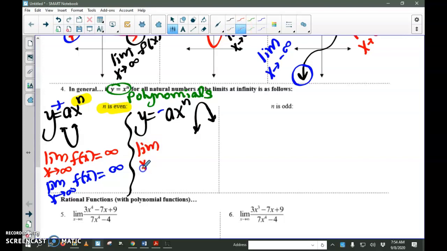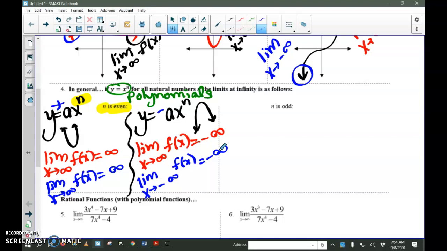So the limit as x approaches infinity of this particular function would be negative infinity. And on the left side, that left end behavior, the limit as x approaches negative infinity of my function is also equal to negative infinity. So this is something to recall from, like I said, Algebra 2 trig or pre-calc or the honors versions of those, okay?